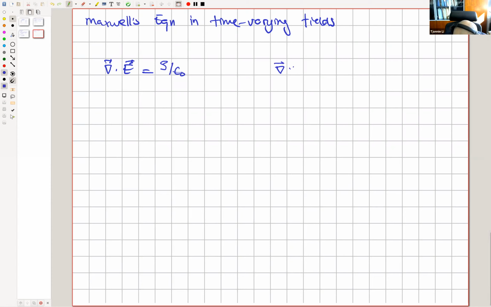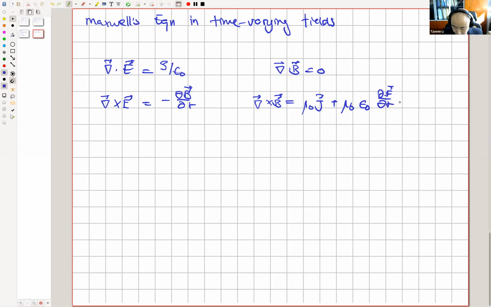Similarly, the divergence of B remains the same, and then the curl of E equals minus the time derivative of B, and the curl of B equals mu naught J plus mu naught epsilon naught partial E partial t.